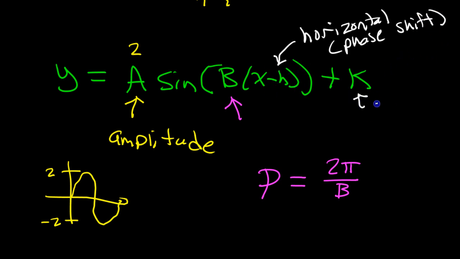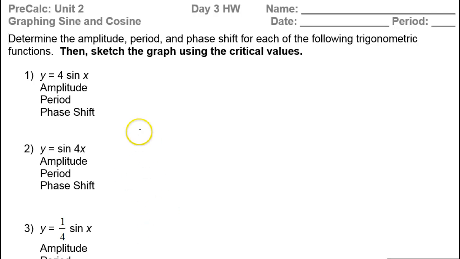And this is a vertical translation, which we will deal with on another video. So for now, I want you to focus on the amplitude, which is going to come from the a, and the period, which is going to be affected by this b value. And again, you can find the period by doing 2 pi divided by b. So that should be enough to get us started.